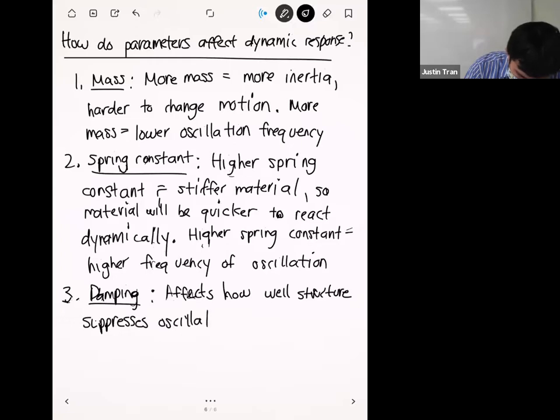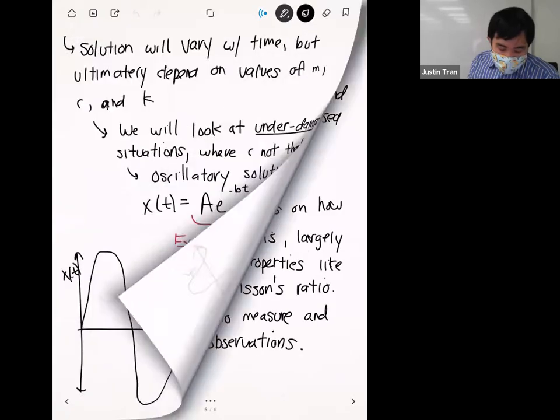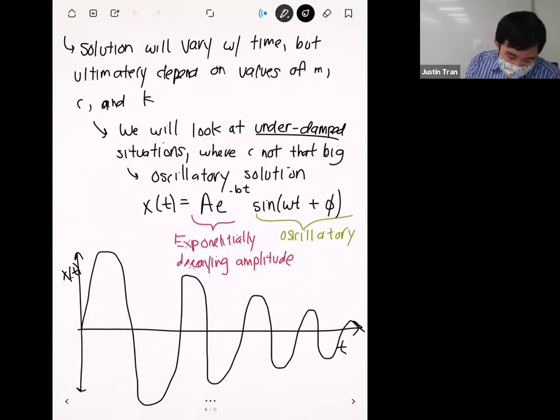And so the higher your damping, the quicker the amplitude of your oscillations is going to go down. Okay. And so if we go back to the mathematical response here, right?